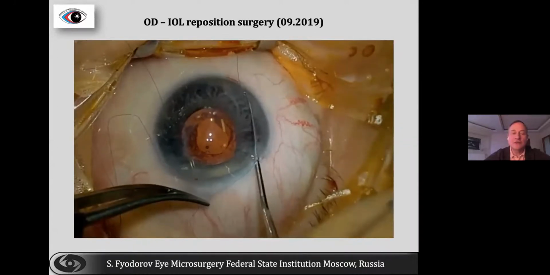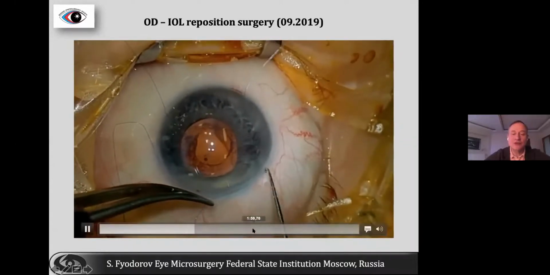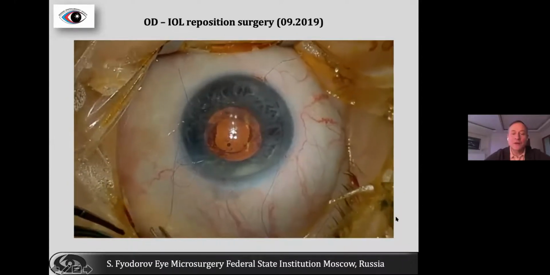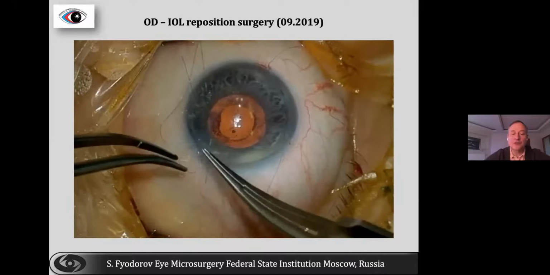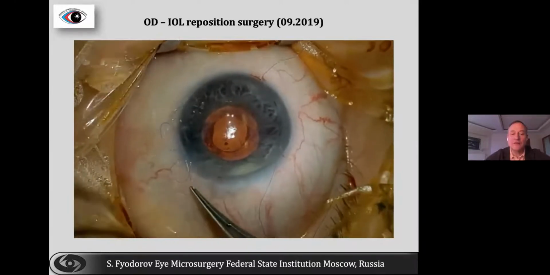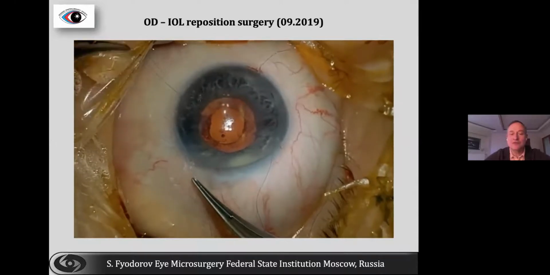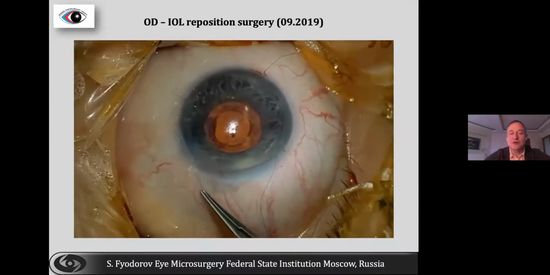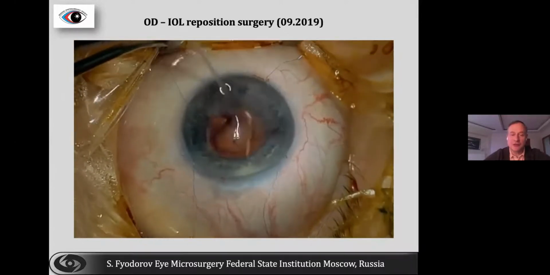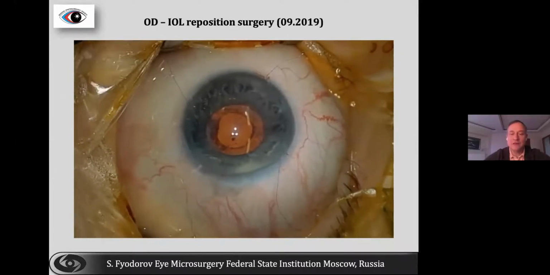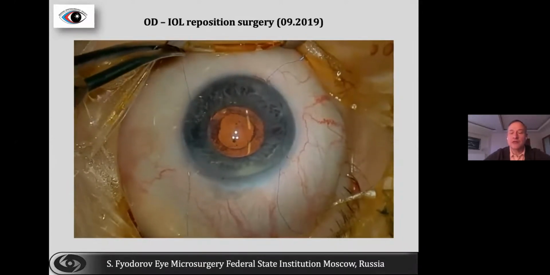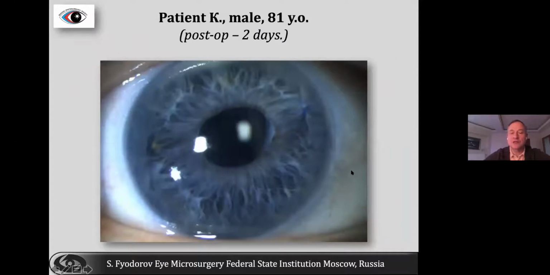And then by utilizing a Siepser sliding knot suture, by externalizing the loop and tying the knot outside of the eye, and then pulling by both ends of the suture, the knot is buried inside the anterior chamber. And as shown here, by tying these two sutures one by one, I really achieved good fixation.